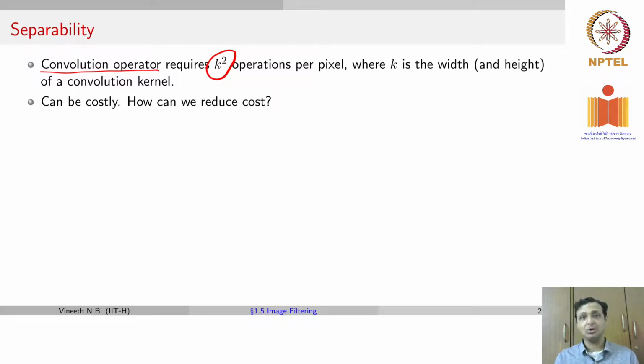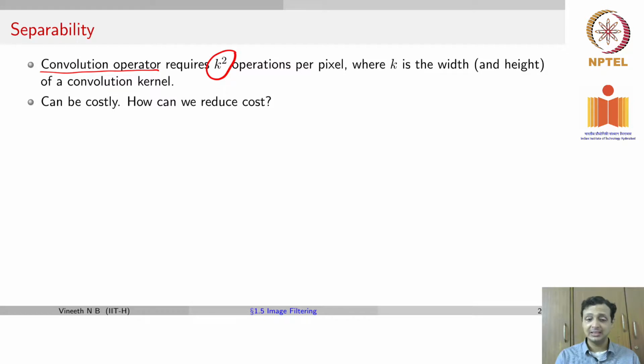This can be costly because if an image is of a very large size, remember we have to repeat the same operations for every pixel in the image. So it could be 9 into n square, where n square is the size of the image, assuming you have an n cross n image. How do we reduce cost? Can we do something to reduce the cost?